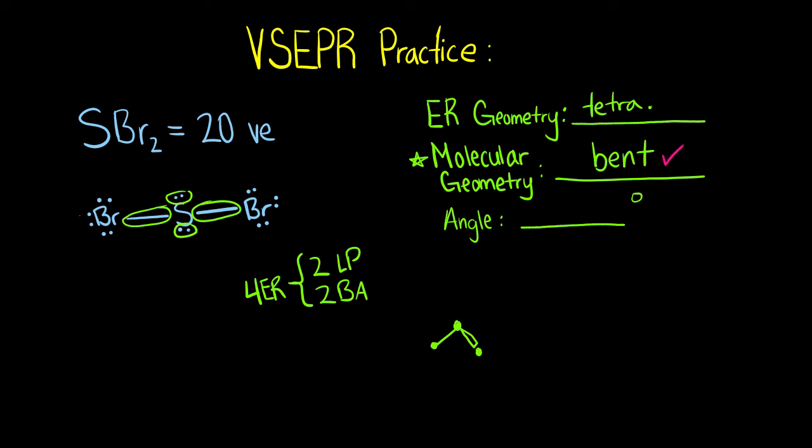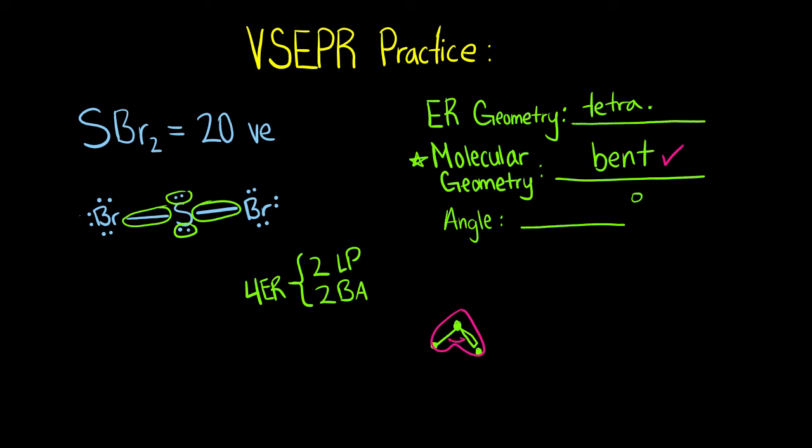So a bent molecule can come from two different possible situations. Either a tetrahedral electron region geometry where there are two lone pair and two bonding areas, or a trigonal planar electron region geometry where there are one lone pair and two bonding areas.